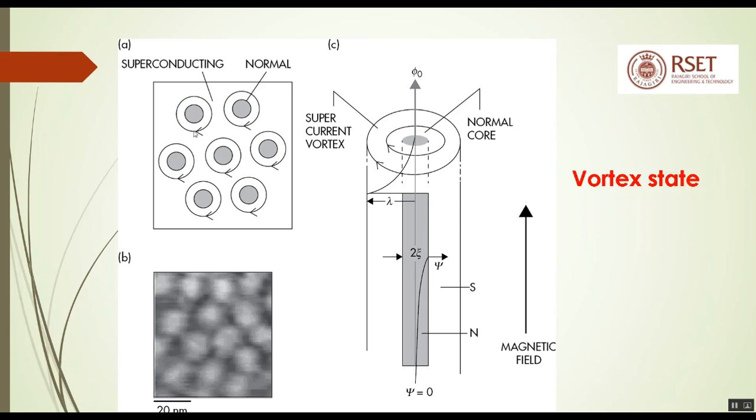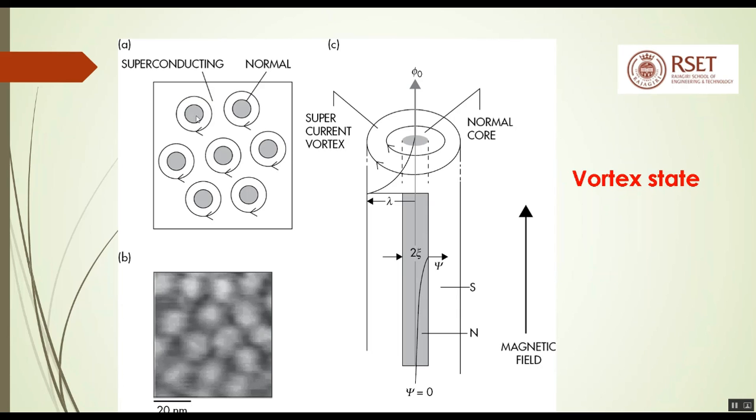But what about the surrounding region represented by the circle with arrow? This is the region where no magnetic field penetration occurs. And this region still acts as a superconductor, and a supercurrent flows through this region surrounding the normal region.